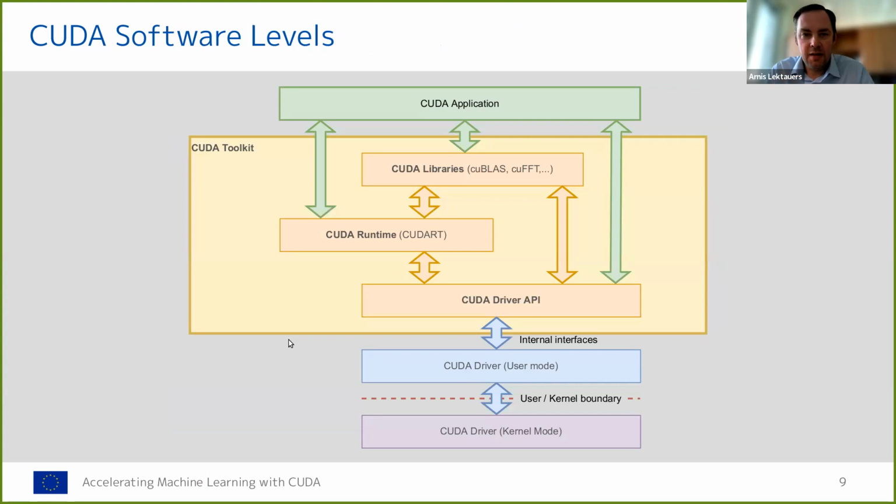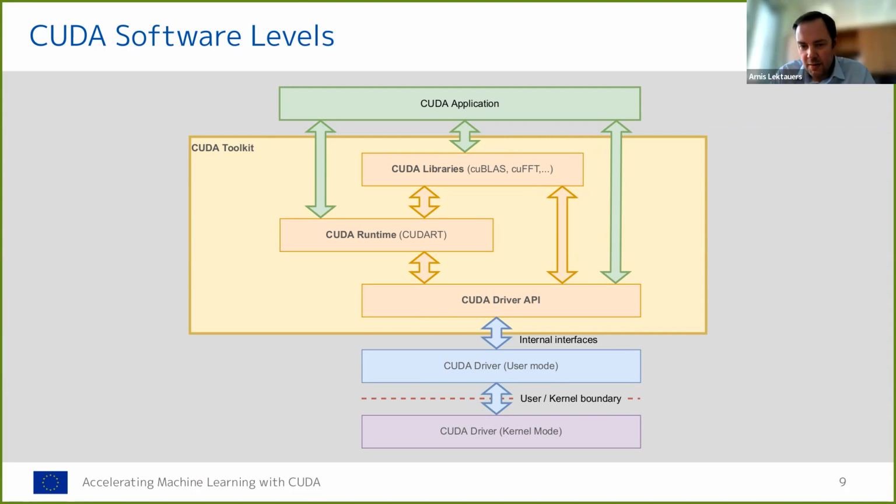The next slide shows the CUDA software levels. The lowest software level is related to the driver, the graphics card driver, the CUDA driver as a part of the graphics driver for a specific operating system, whether it is Windows or Linux.